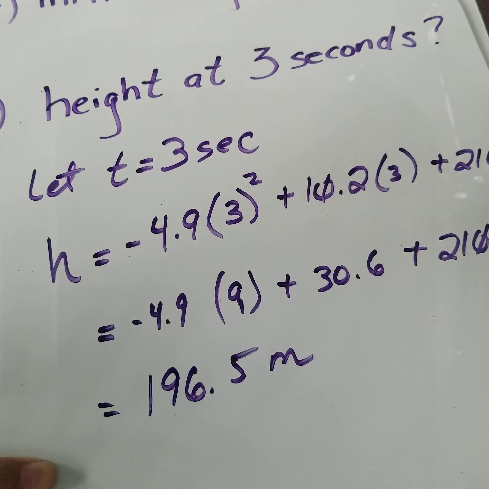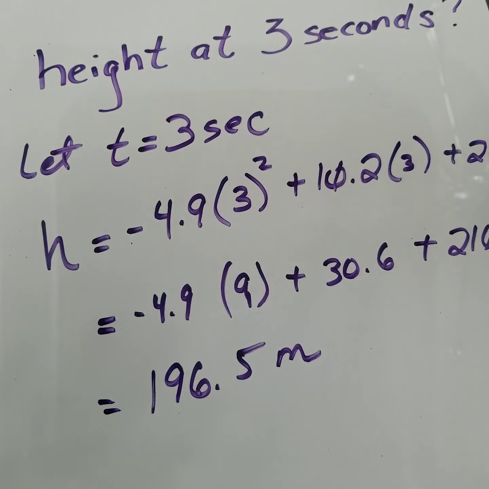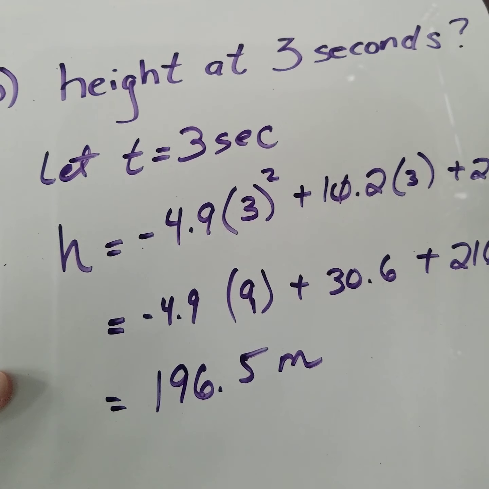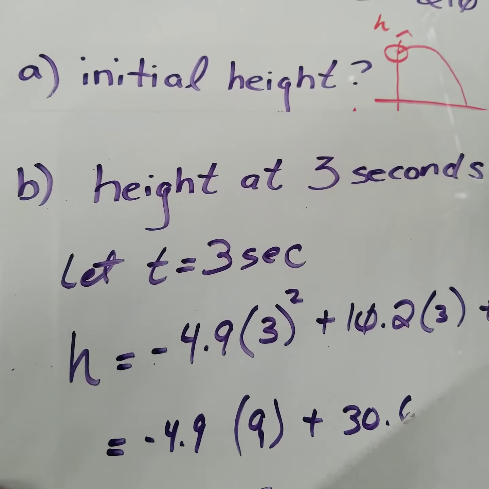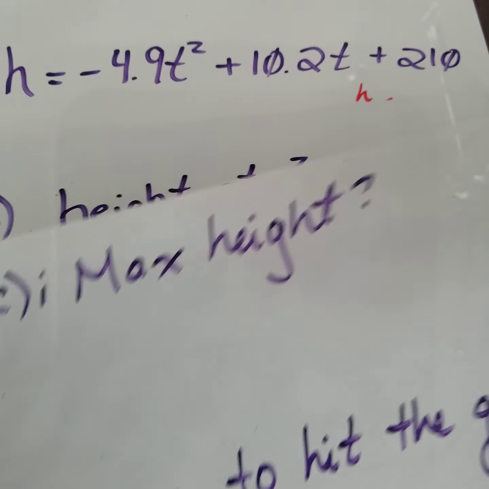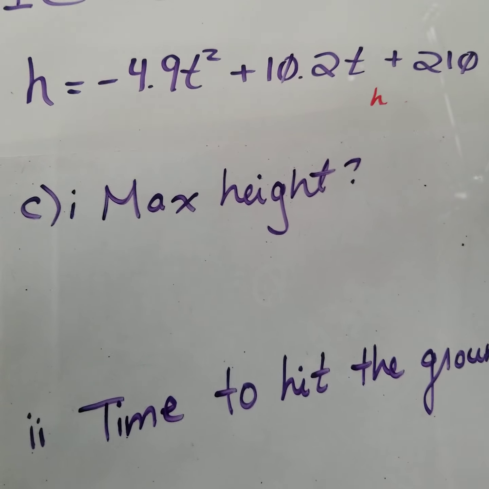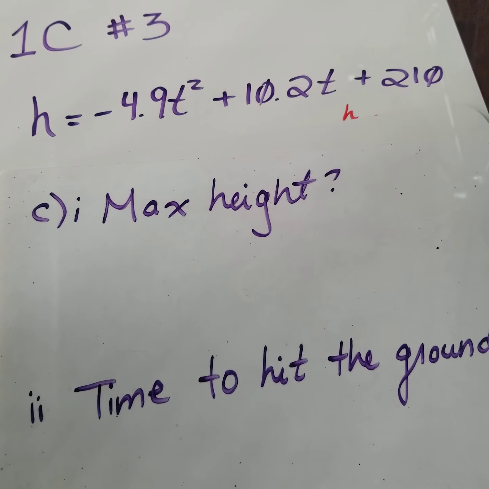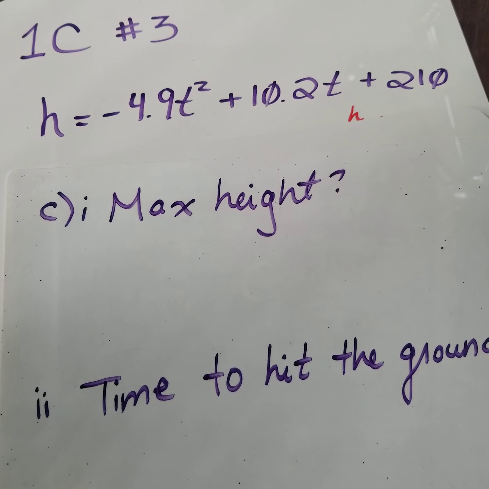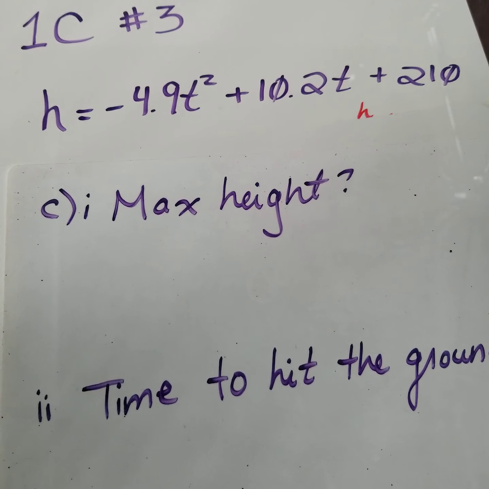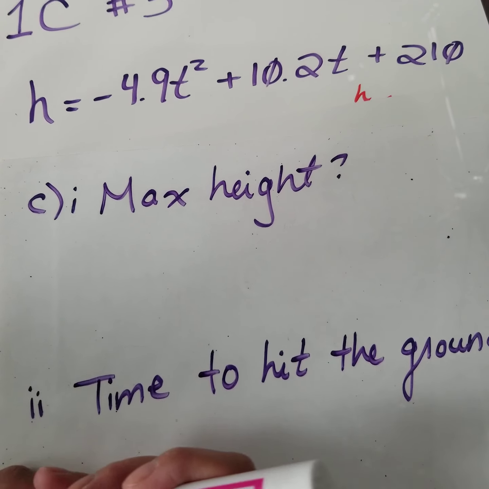And then for part C, they want us to use a graphing calculator to find the maximum height. And for that characteristic, if this is a quadratic function, so I know it's going to be in the shape of a parabola, the maximum height would be the point of where the vertex is actually going to be.